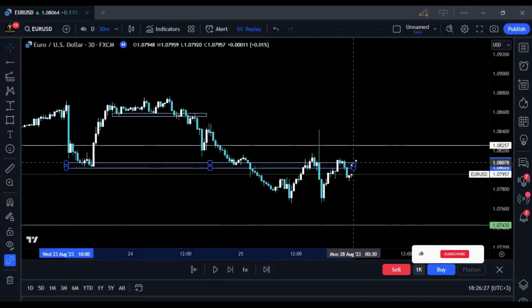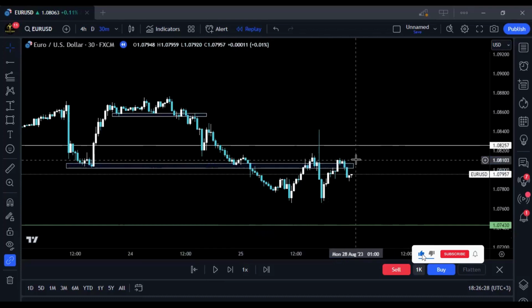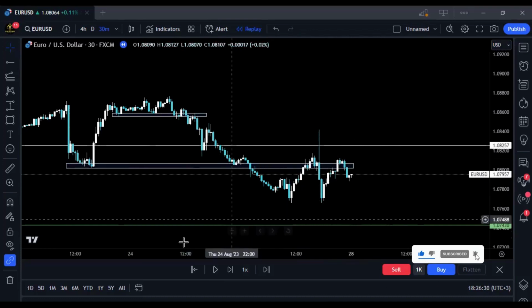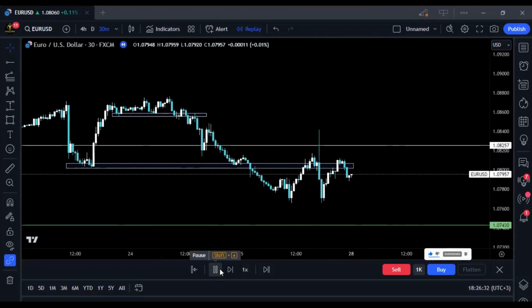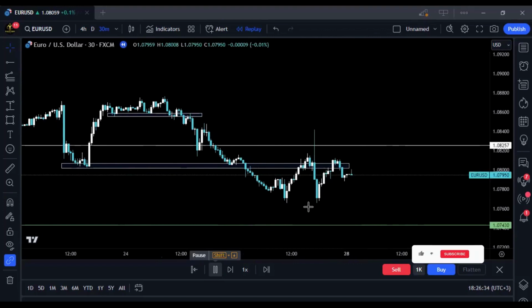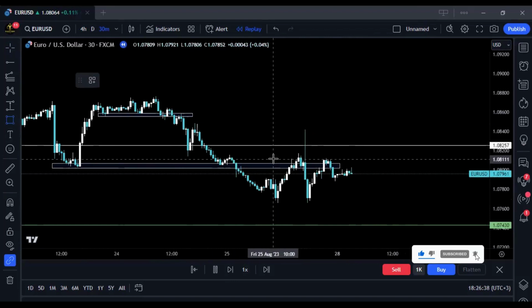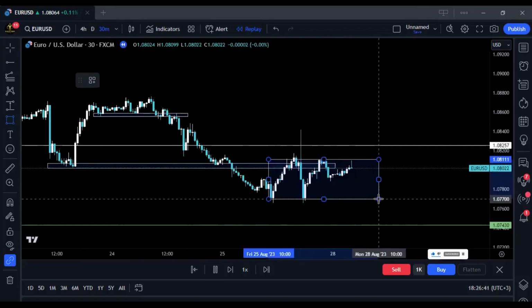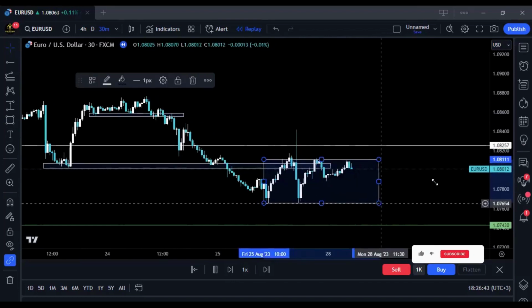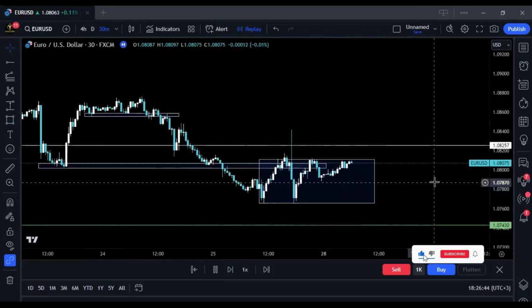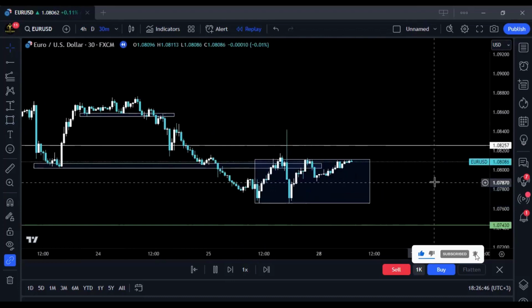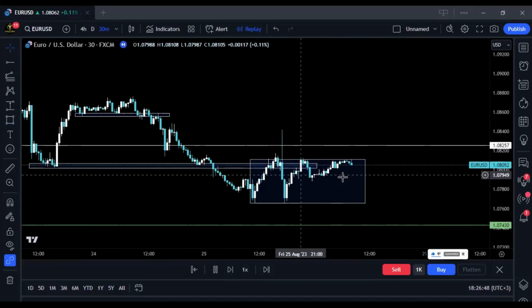So prices are now again dancing here, just below the structure, kind of ranging. I wouldn't be taking a trade here. Very low momentum.